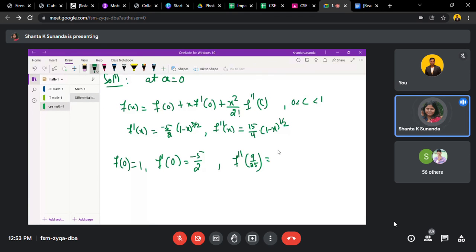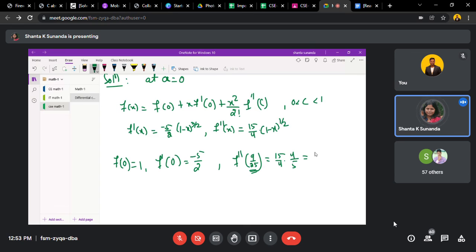Then it will be 25 minus 9, 16 by 25, and the square root will make it 4 by 5. So it will be 3. You are free to choose this one.